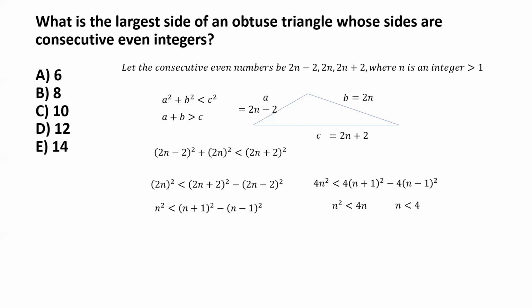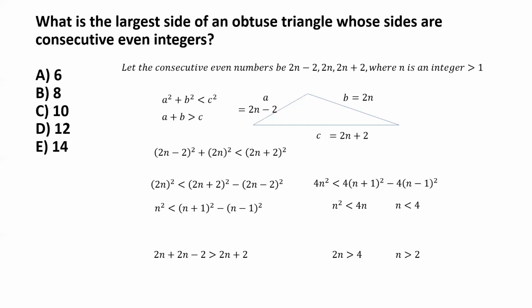Next, we start with the other inequality, which is simply a plus b greater than c. So again, we substitute a is 2n minus 2, b is 2n. So on the left hand side, we have 2n minus 2 plus 2n, and on the right hand side, we have c. So c is simply 2n plus 2. And from this, we can get 2n greater than 4, and basically we have n greater than 2.